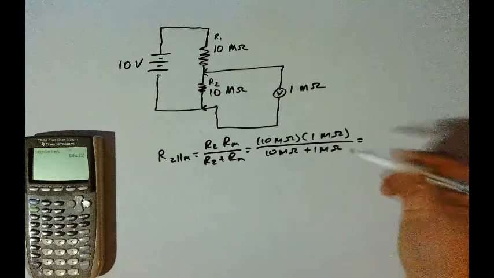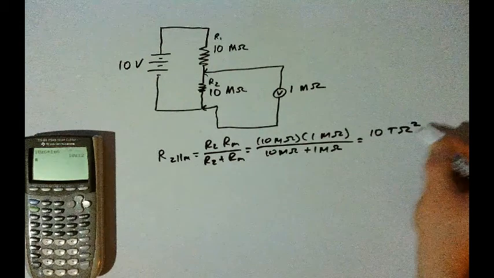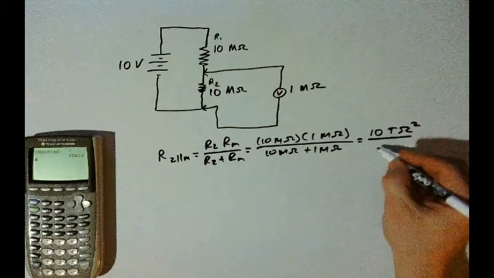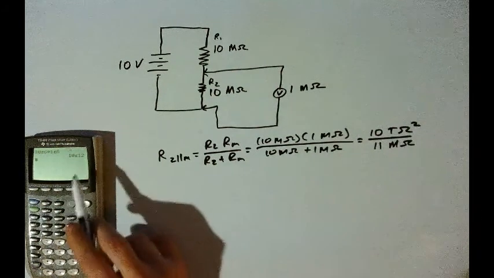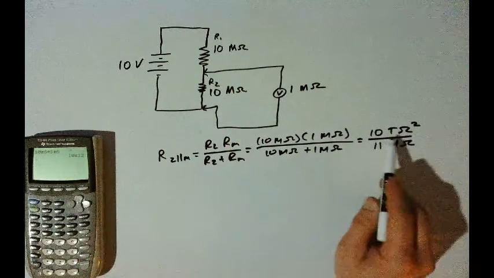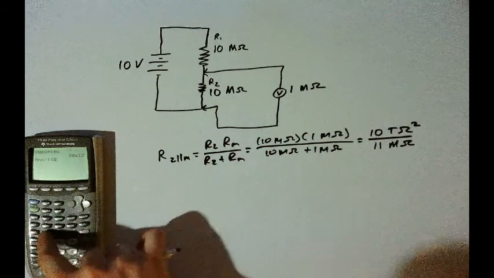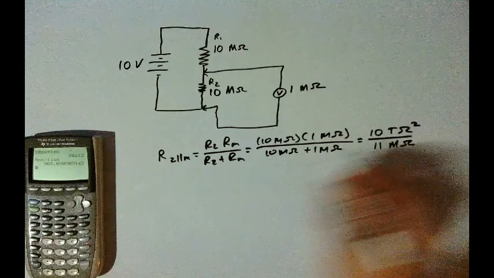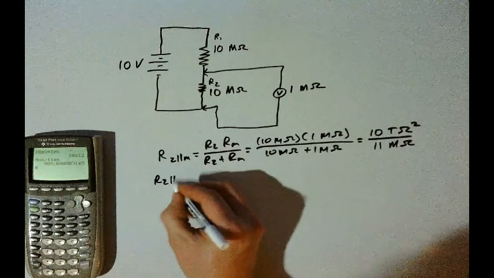If we divide 10 tera ohms by 11 mega ohms, we get, I'll write it down here, R2 in parallel with the meter will be 909 kilo ohms. So slightly less than 1 mega ohm, right? When two resistors are in parallel, the total resistance should be less than the smaller of the two resistances.